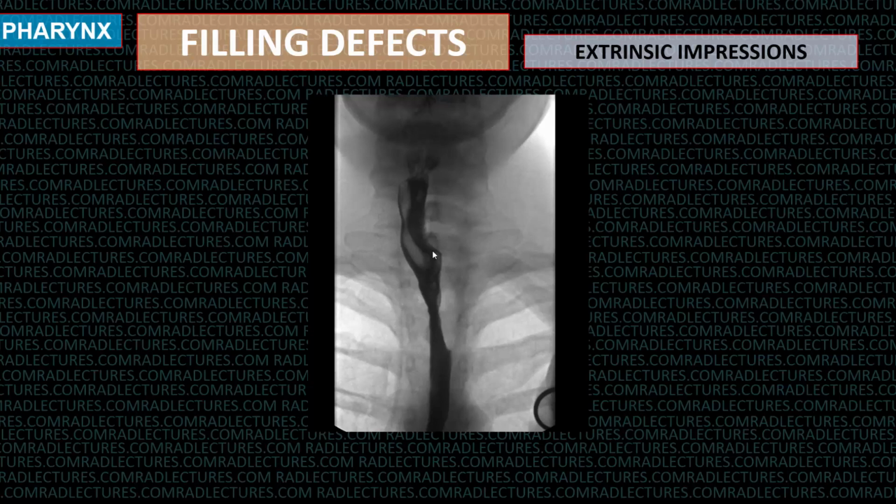So make sure that you don't start calling a cricopharyngeus impression a cancer. But this one is an extrinsic impression. How do we know? Well, it's a smooth impression. The sulcus angle is obtuse, and it is just pushing the pharynx to one side. And in this case, it is an impression from an enlarged thyroid gland.